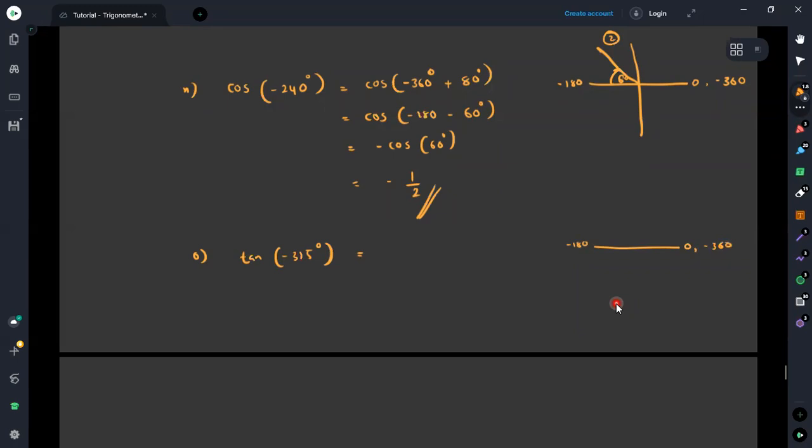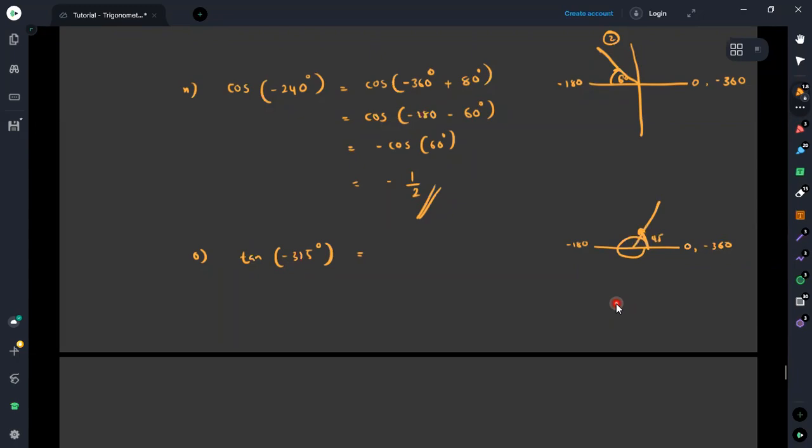Since this is closer to 360, we will write it using minus 360. If we come completely to this point, but again measure some 45 degrees in this direction, we can get the value easily.